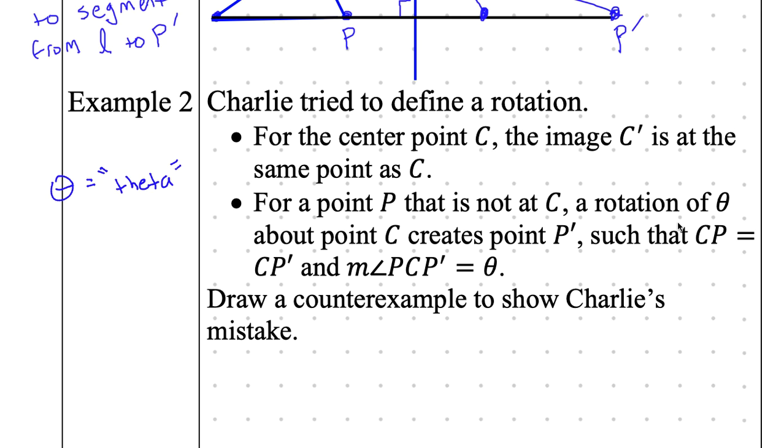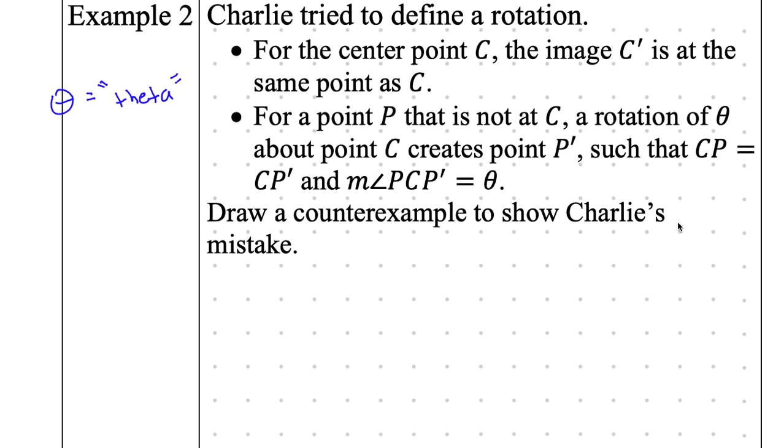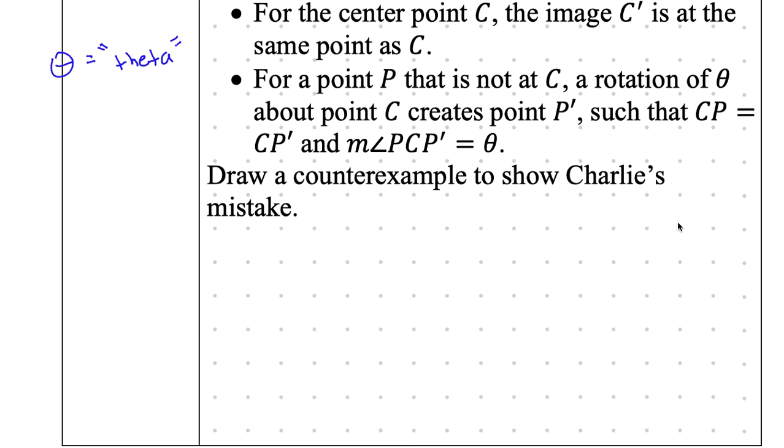Let me try approaching it from a different direction. I'm just going to draw the counterexample for you guys. Let me draw that original picture up there. If I have some point C, and I start out here with a length of 3 units, 1, 2, 3, I'm going to call that P. If I rotate that by 90 degrees, let theta equal 90 degrees.